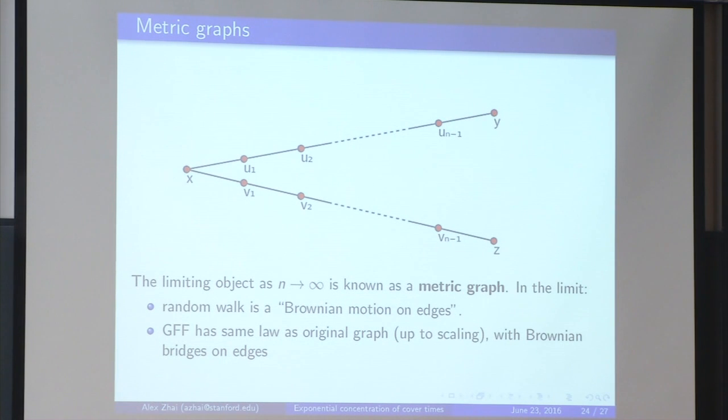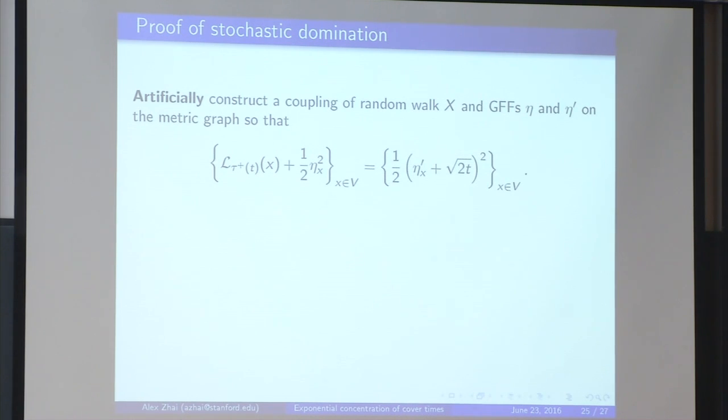Okay, so why did we bother with all of this stuff? Well, it turns out that applying the Ray-Knight theorem to this metric graph will enforce the correct coupling on the original graph in the following sense.